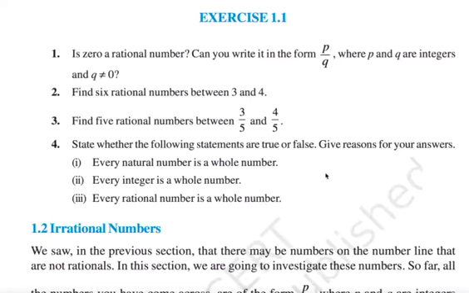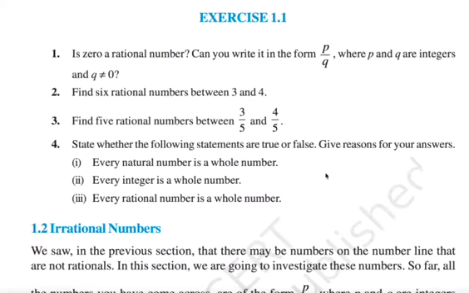Find 5 rational numbers between 3 by 5 and 4 by 5. Which method do you want to use? The second method. Then your denominator must be 6, since 5 numbers means 6.